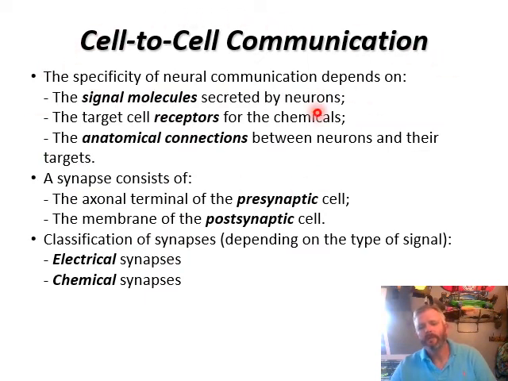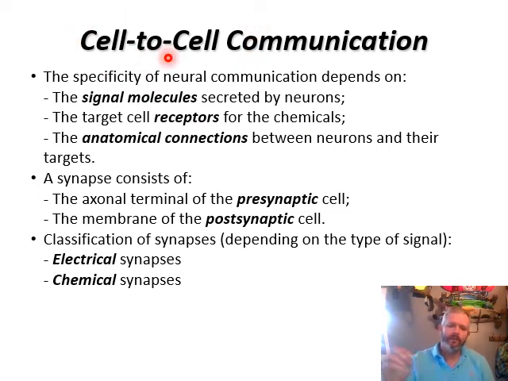All right, so once we get the action potential down, we've propagated it all the way down to those axon terminals. Okay, those little terminals that branch off at the end. You can have thousands of these branches off an axon, so it can communicate to many, many cells. Okay, and that is where we're going to get our cell-to-cell communication.